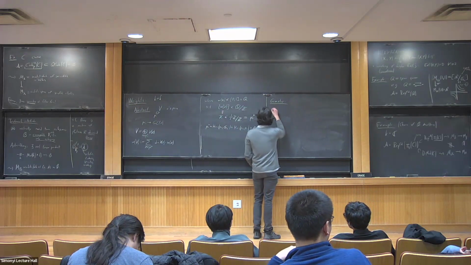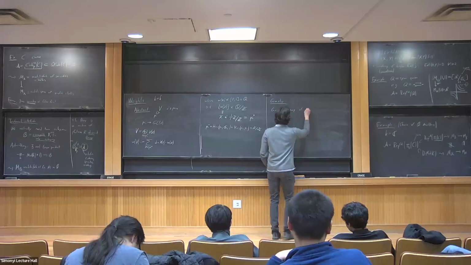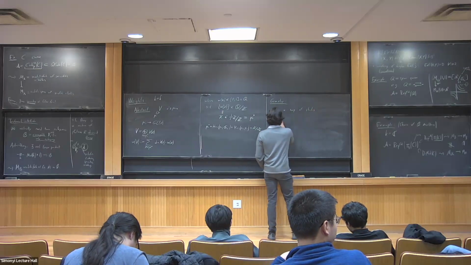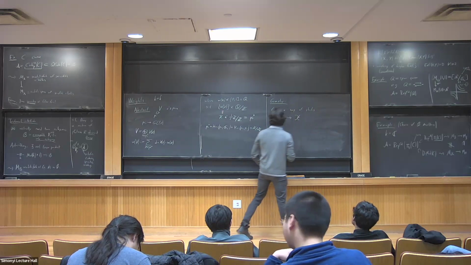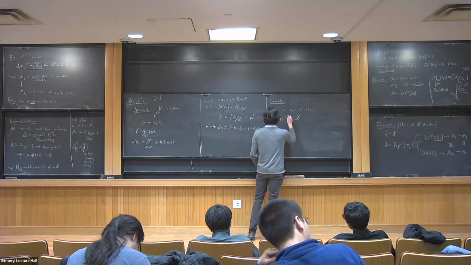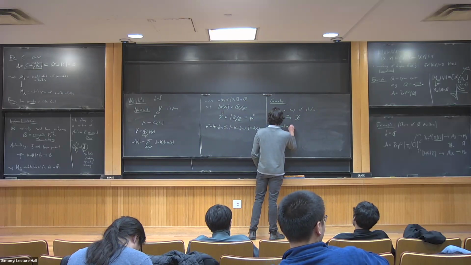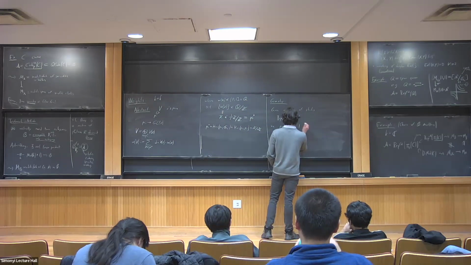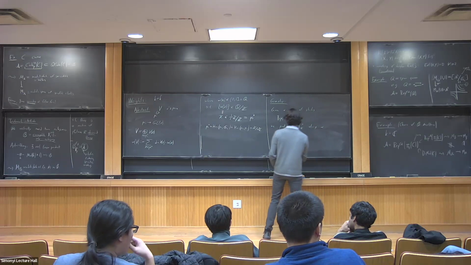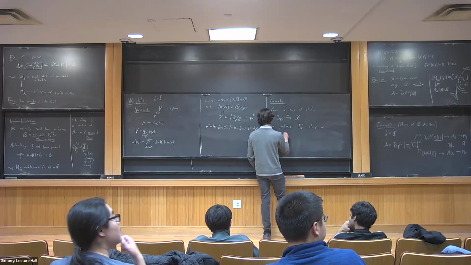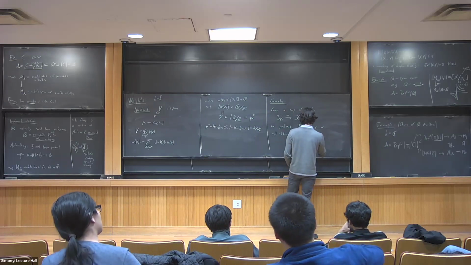One way to formalize this is to say, given a map of stacks alpha from B mu r to some stack X, we can pull back the tangent complex and obtain a complex of mu r modules.